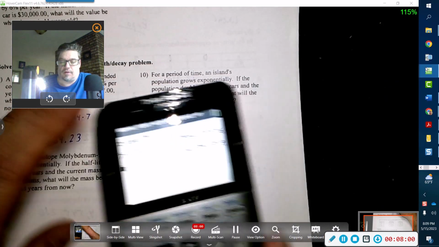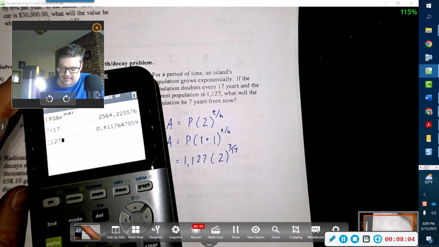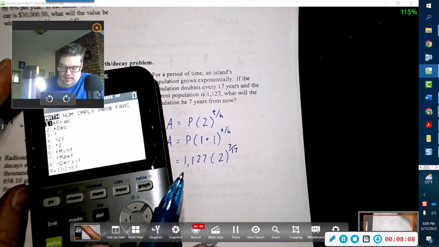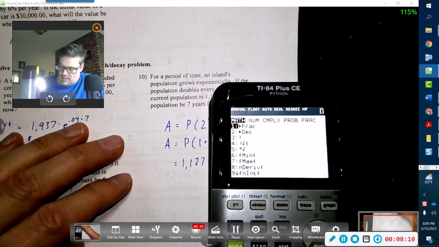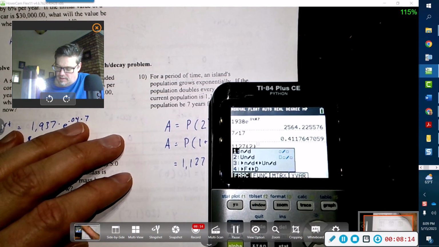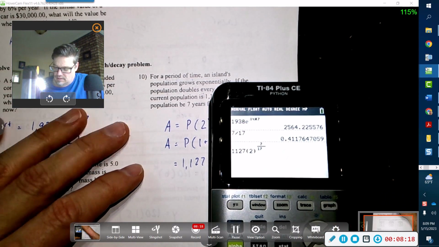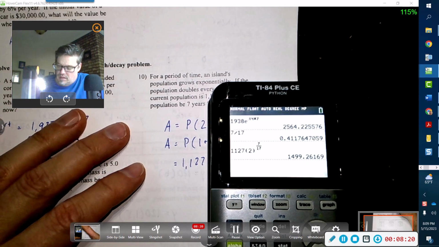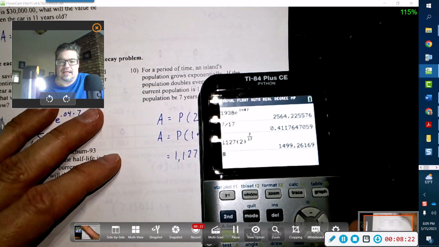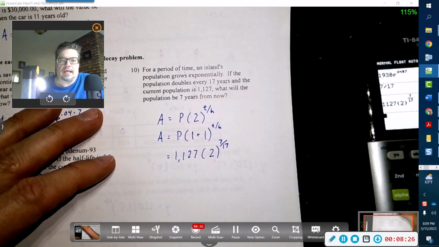All right, so now with this setup, I'm going to go ahead and type in exactly as I see it. 2. And then I'm going to put in a fraction here. There we go. It'll be 7 over 17. And there we go. 1,499. And this is a population.